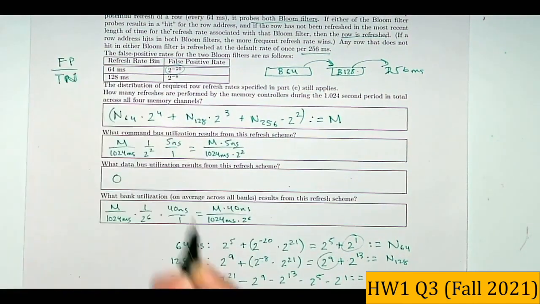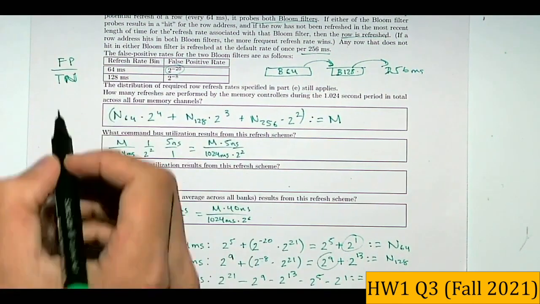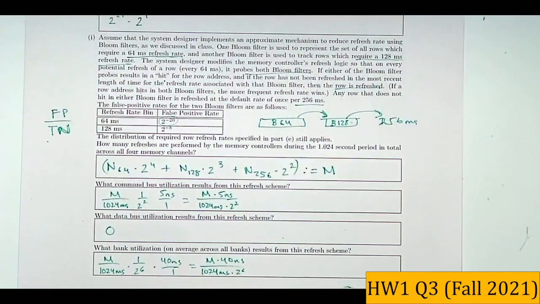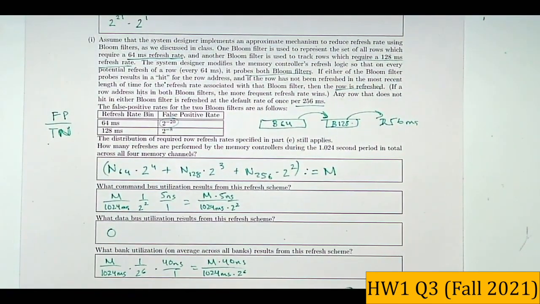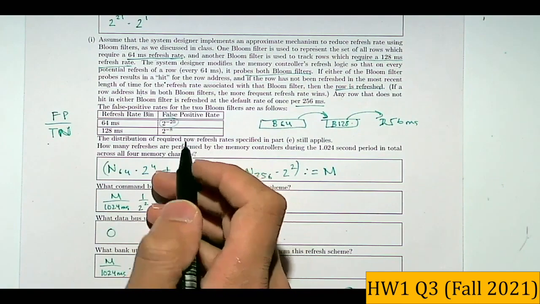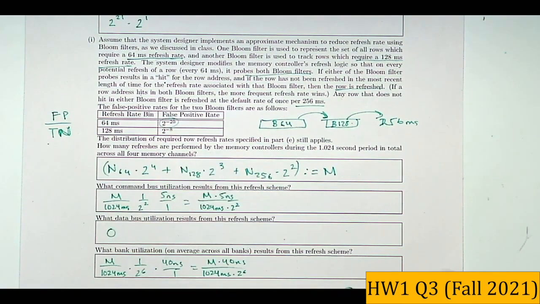False positives over true negatives, as opposed to false positives over the sum of all different possibilities. Yeah. So I think in the context of Bloom filters, we've been talking about it like this in terms of the lecture slides and in this course, essentially. So this interpretation is sort of what I just assumed.